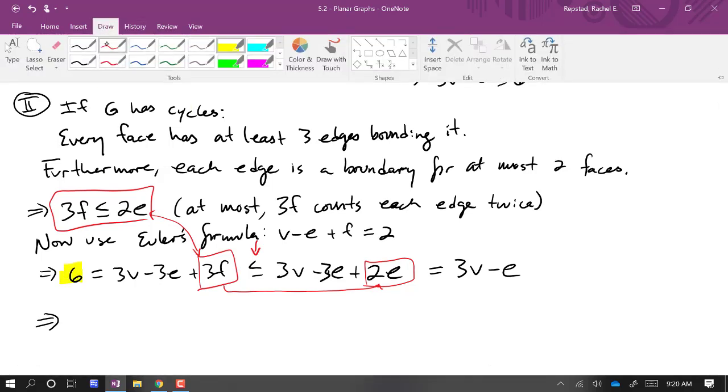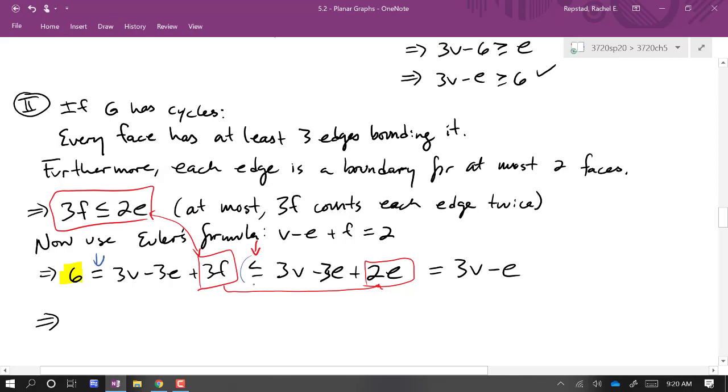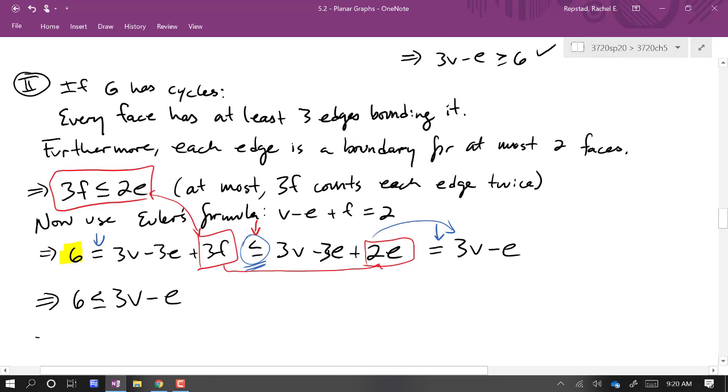I maintain equality at first, then it switches to a less than or equal to, and then I maintain equality between these two. That means that overall I have an inequality that 6 is less than or equal to 3v minus e. Or in other words, 3v minus e is greater than or equal to 6, as desired. And that finishes up this result.